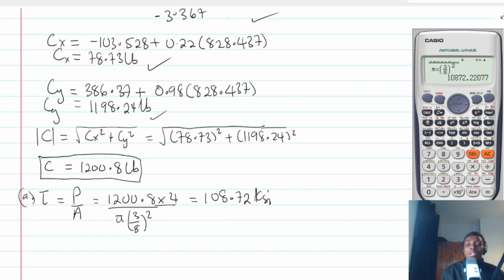So that's the shear stress in the member. All right.